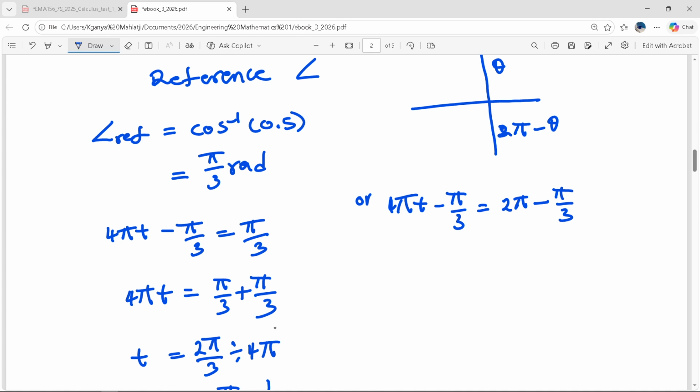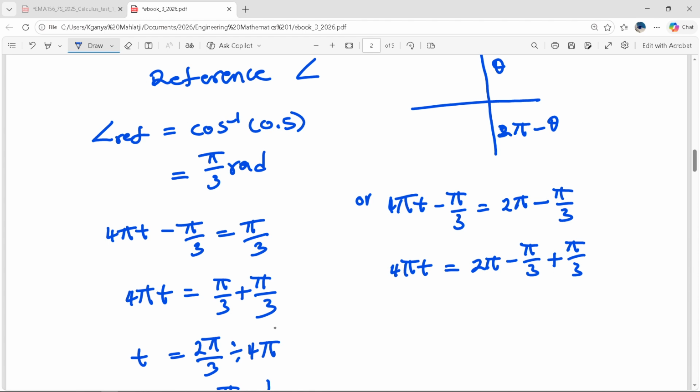Therefore you'll have 4 pi t equal 2 pi minus pi over 3 plus pi over 3.